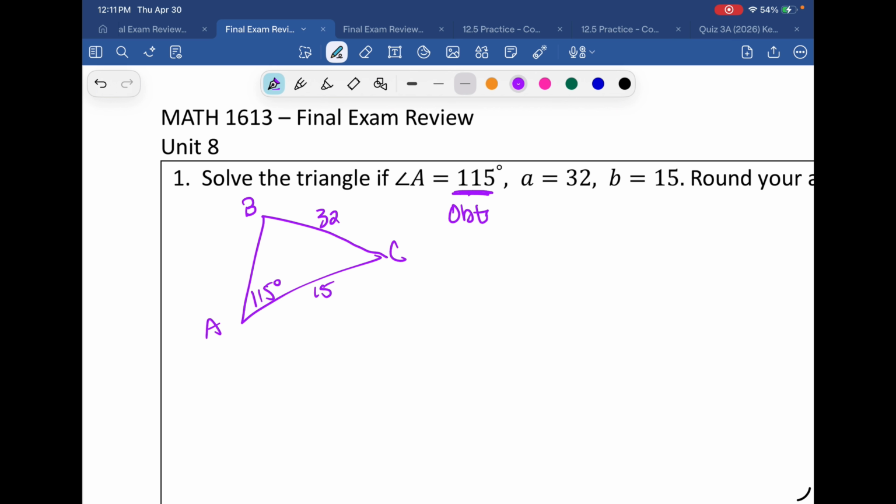All right. So I'm going to start with this angle that I can find, and that's B. We're going to use sine 115 over 32, sine B over 15, cross multiply.